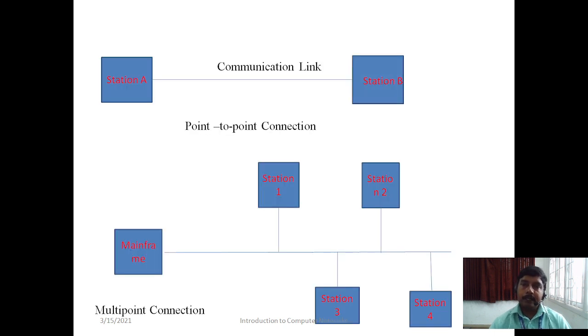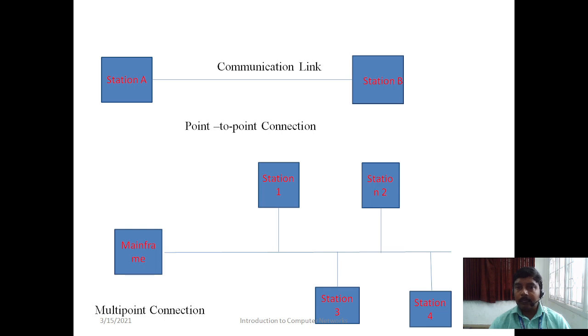For better understanding, here I am showing the picture for the point-to-point connection and the multi-point connection. You can very easily understand how the communication happens in the point-to-point connection between station A and station B. There is a communication link where these two stations can communicate with each other directly. An alternative scenario is the multi-point connection, where on a single shared channel multiple devices are connected.